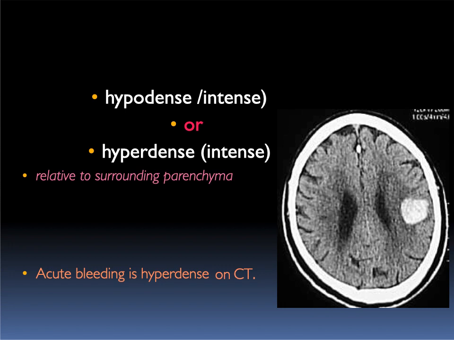We also have to know whether it is hypodense or hyperdense compared with the surrounding. For example, this case is hyperdense, so this is acute intracranial hemorrhage.